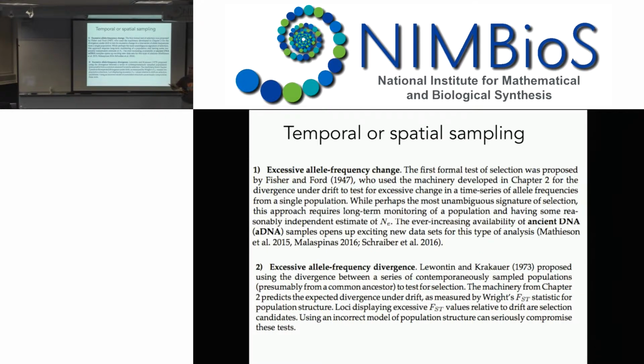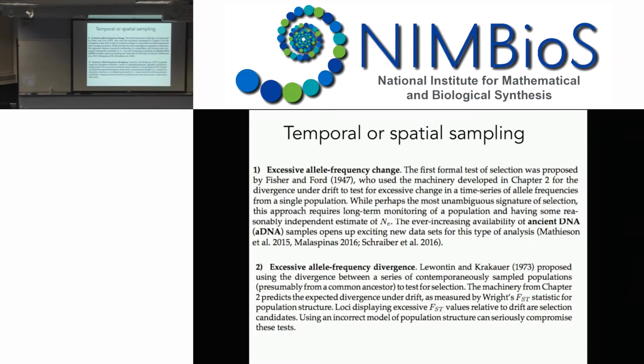So the cool thing about ancient DNA is you can actually start thinking about looking for signatures of relatively recent selection in humans directly by looking at allele frequency shifts which are in excess. The big problem, of course, is how represented is that ancestral sample? Very often it could be a whole bunch of relatives, in which case your sample is a bit tricky. You have to deal with it a bit more carefully.